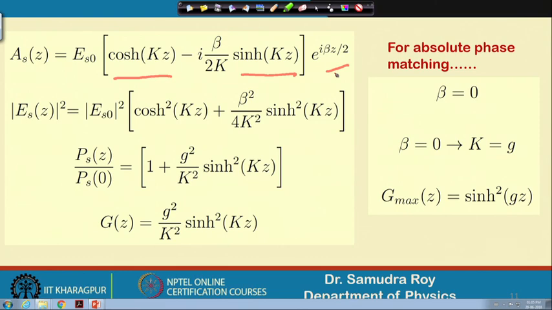Next, I want to find out what is the corresponding power. So, I know that power is proportional to the field square, and if you go back to the transformation, you can see that A_s and E_s are related in such a way that mod of A_s square is equal to E_s square.